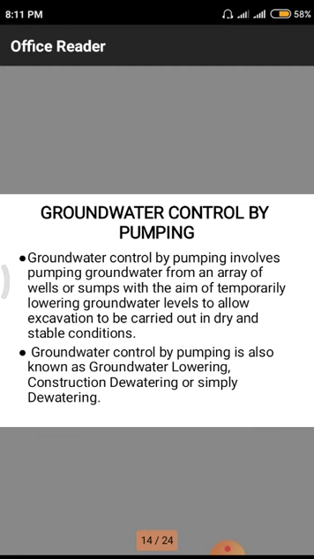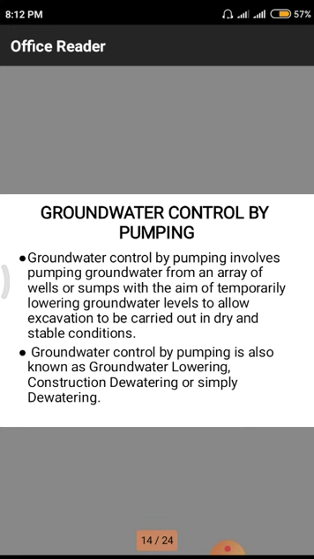Likewise, whenever we go for groundwater control by pumping, we have those wells in the form of a matrix with a length and breadth. Along the length we have some quantity of bores, and along the breadth we have some quantity of bores. The total quantity of bores equals the lengthwise bores times the breadthwise bores.